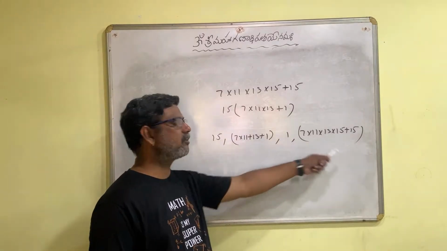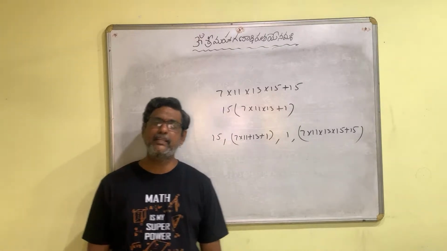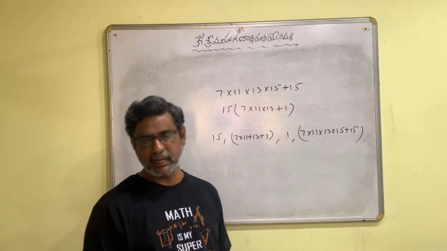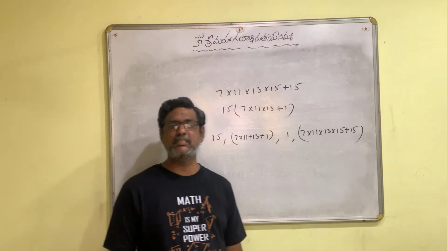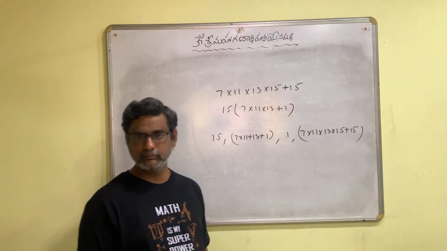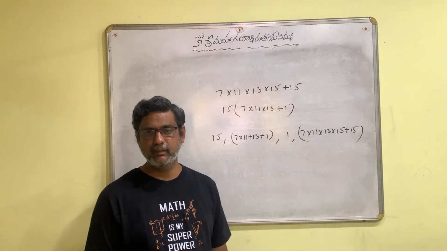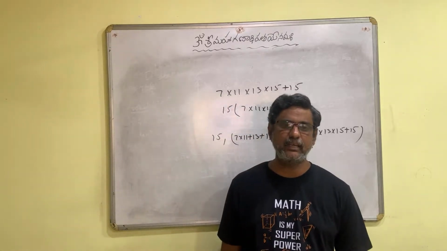So we can observe 4 factors over here. That means more than 2 factors. Every number which is having more than 2 positive factors, we can call it a composite number. 1 is a factor of every number, Akshay Kirti.